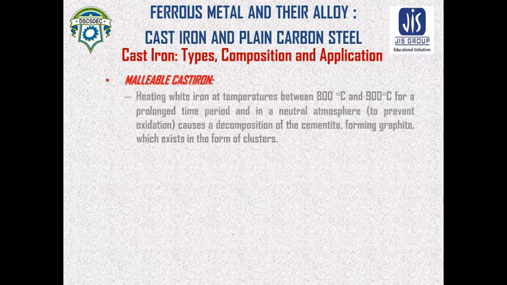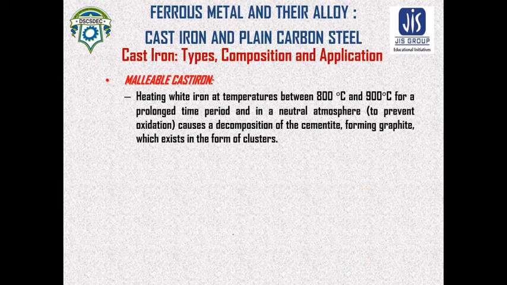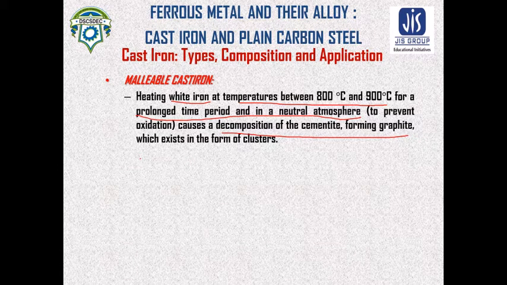Now malleable cast iron. If we heat white cast iron at a temperature between 800 and 900 degrees Celsius for a prolonged period of time in a neutral atmosphere, it causes decomposition of cementite, forming graphite, which exists in the form of clusters in the microstructure.